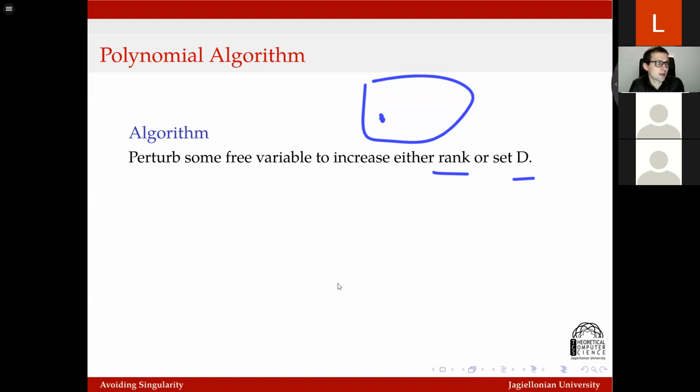Okay, and for this algorithm, you can prove that when this algorithm cannot make one more step, then you have a maximum rank. So this is the idea. So it's again a greedy algorithm, and I want to sketch the ideas that allow for the proof that this approach works.